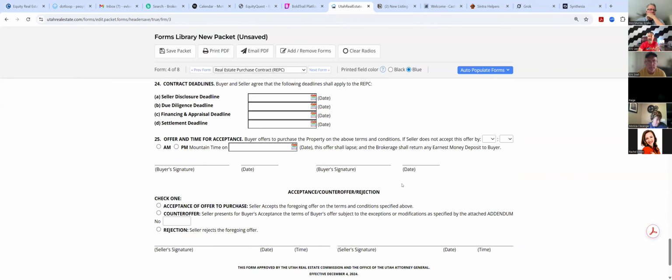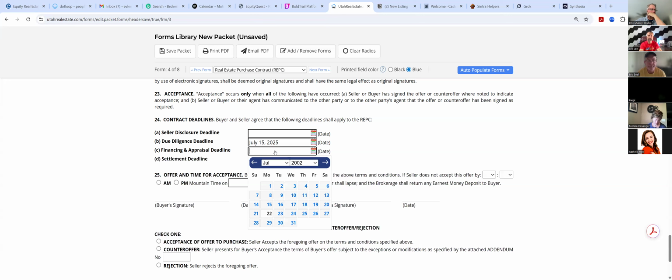It doesn't matter for the illustration that I want to make right now. But here's the problem: because it's a subject to sell and we don't know when that property is going to sell, agents come in here and instead of doing a date, I'm not sure if I can even type into this field from here. Yeah, I can. Within 3 weeks of sale of buyer's property.